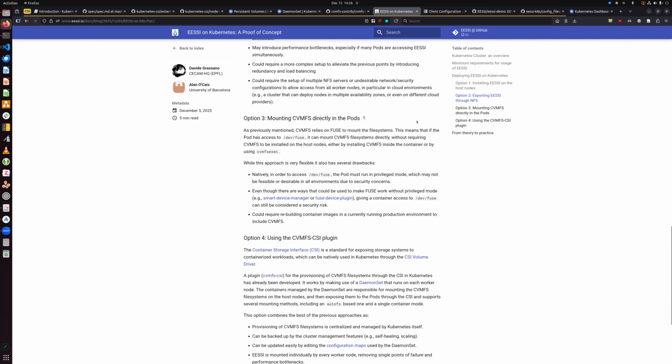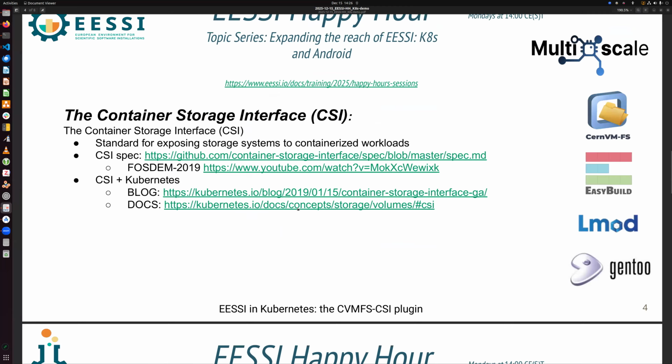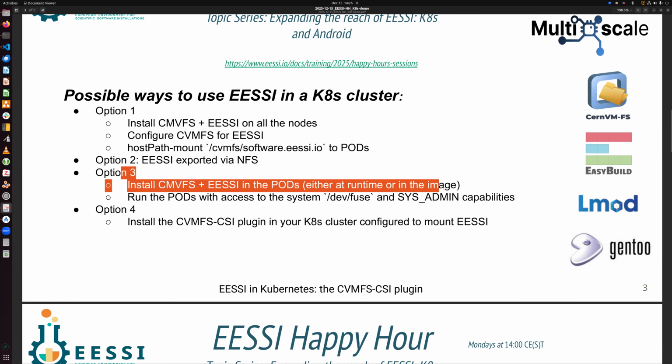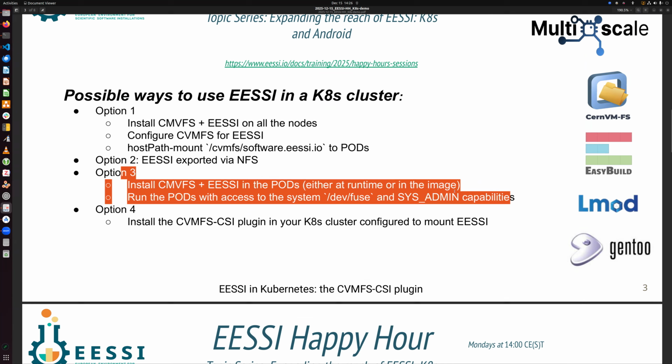And I guess now that I think about it, going back to the starting part of the presentation, now that you've seen how everything works, you can see why I said that option 1 and 3 are related to 4. What the node plugin is doing under the hood is it has EESSI installed inside a pod, but it is mounting it into the root file system of the node, and then the plugin is making it available to all the nodes through the CSI interface.